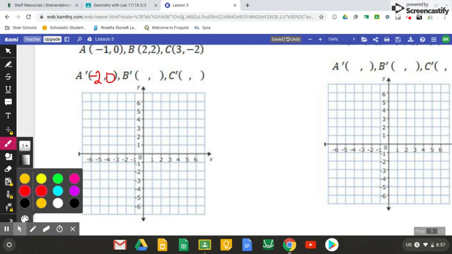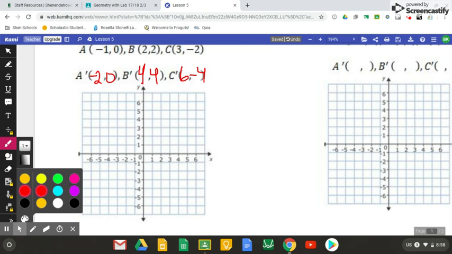So A prime is now -2, 0. All right, so then I go to B. 2 times the scale factor, which is 2, is 4. So B prime is going to be 4, 4. Then I look at C. So I do 3 times 2, 6, and -2 times 2, -4. So I got my new points now.